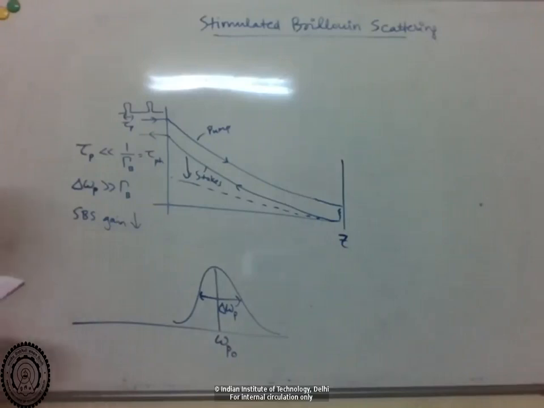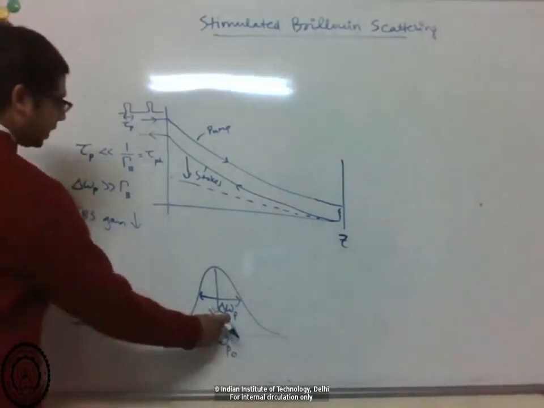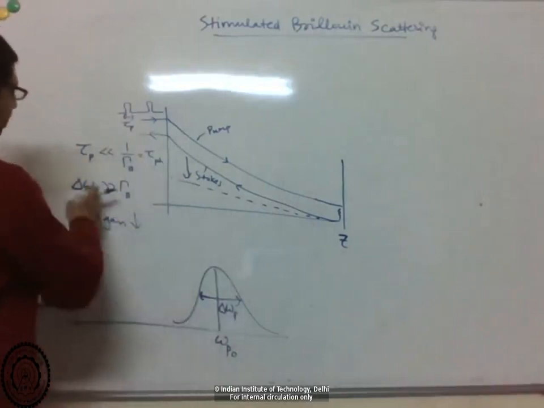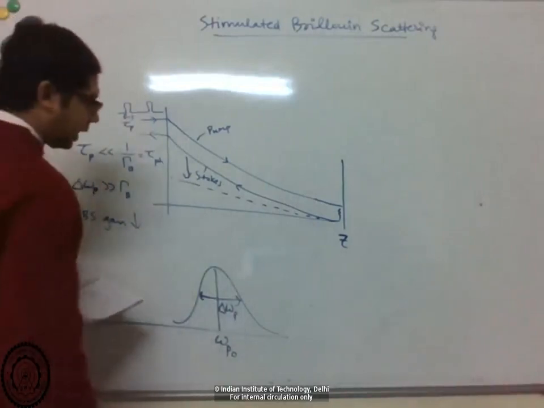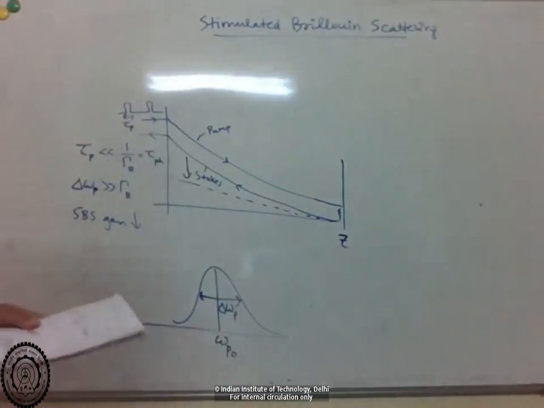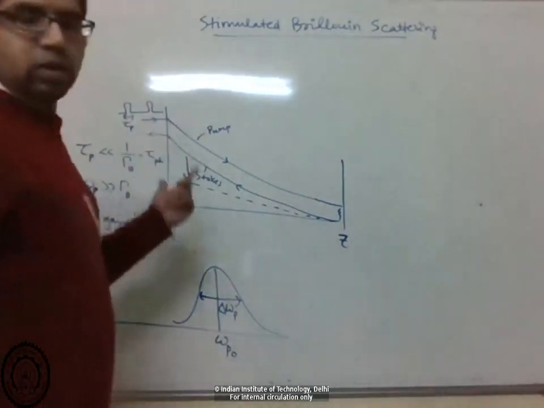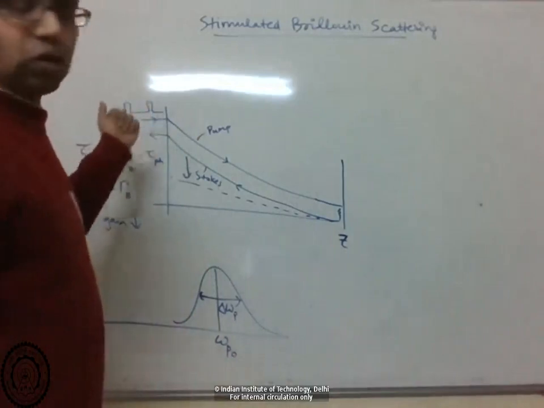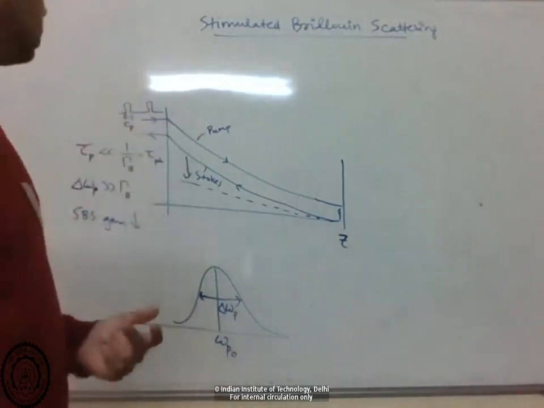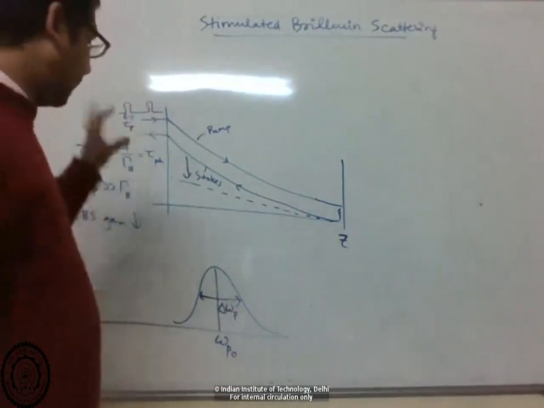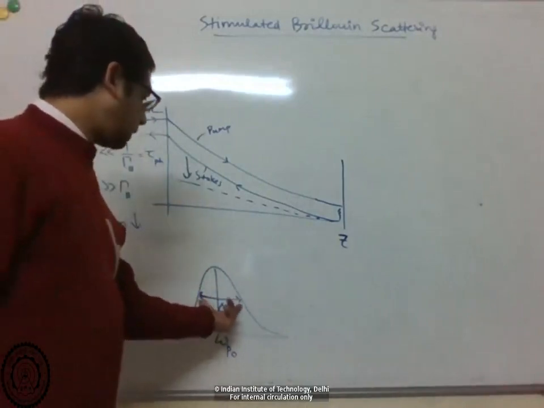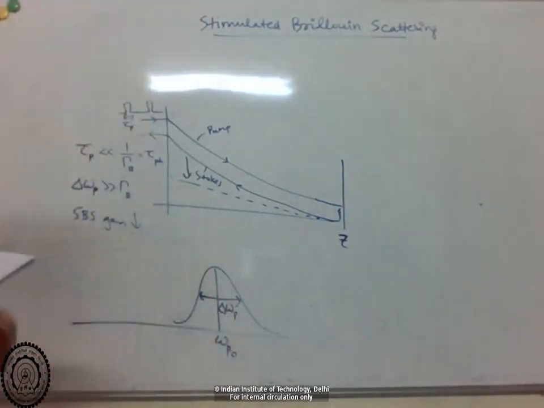So this could be, for example, if you have pulses here, then delta omega p will be 1 over tau p, right? Or you could also broaden the spectrum here using other modulation techniques, right? So this is just simple on-off keying. You could have phase modulation or other kinds of modulation, but basically anything that you do so that the spectrum now has some bandwidth. Okay.